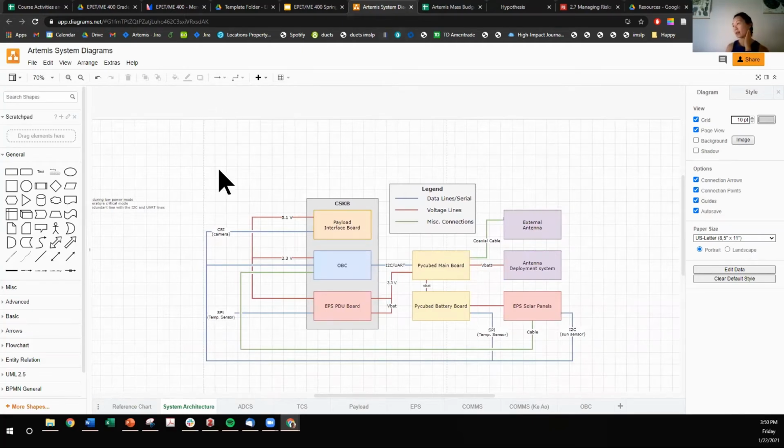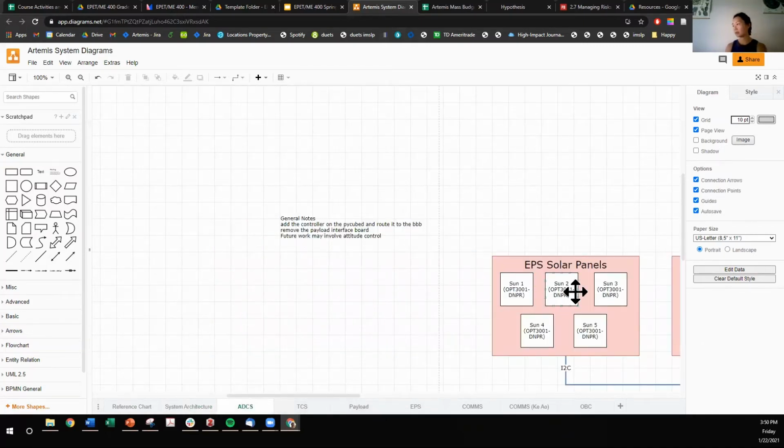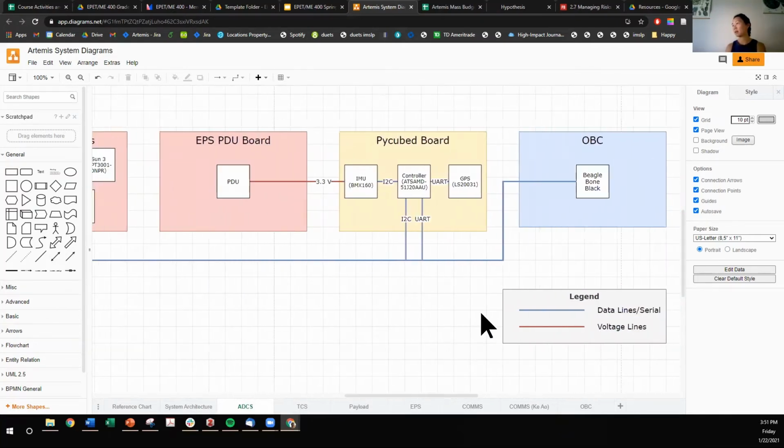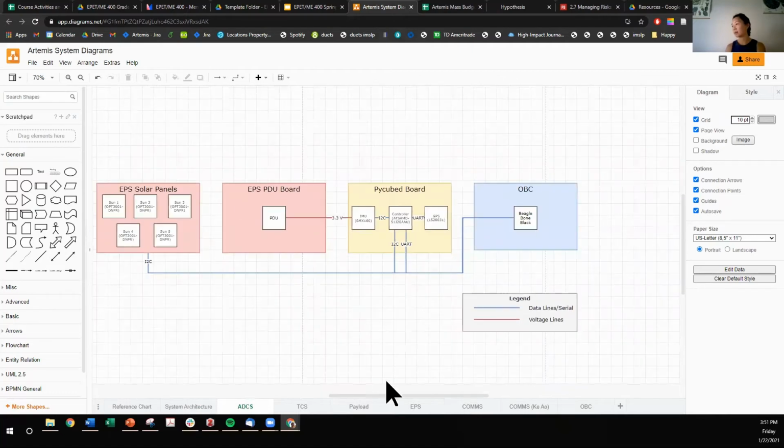At the system level, for the Artemis CubeSat kit, which I think you've seen before, you have the different subsystems and the different interfaces, like data, voltage, or other kinds of communication interfaces. But you can also have subsystem system diagrams where the components are laid out.